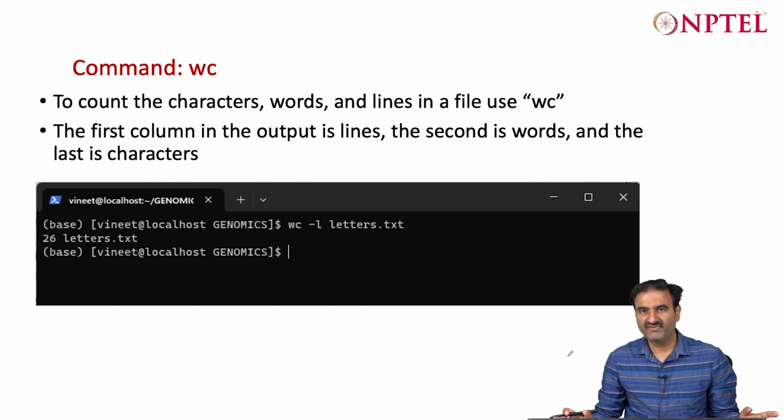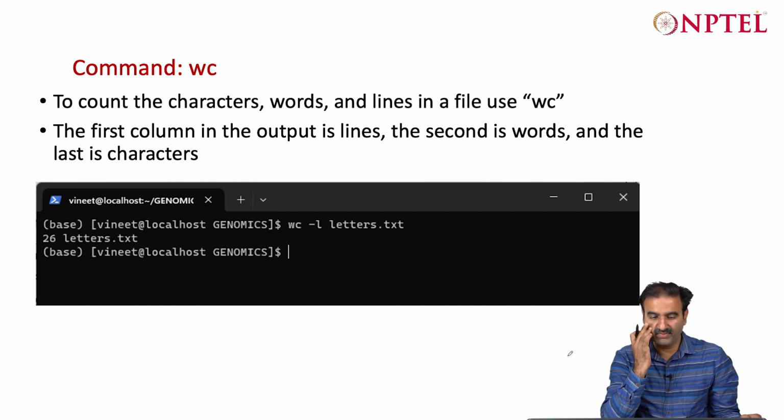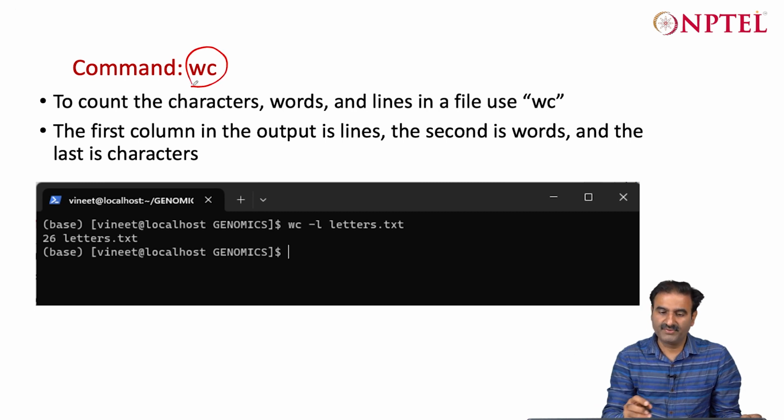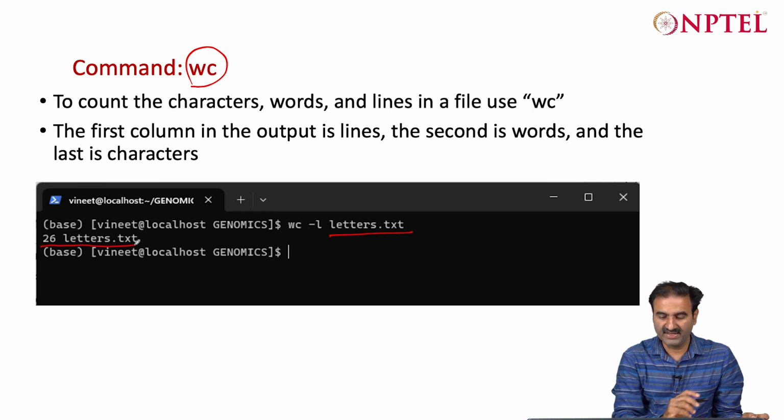Now, in a file you may want to know how many characters or lines there are. WC, the word count, is a command which can count the words, characters or lines in a file. Like this file, letters.txt. If I say WC -L, it will tell you how many lines there are in this file.